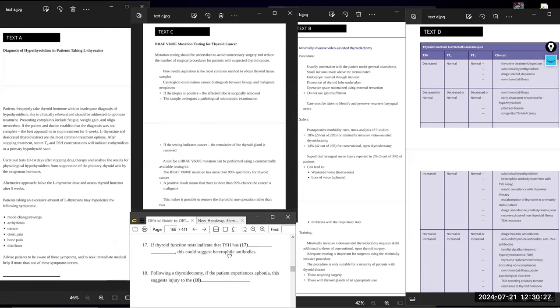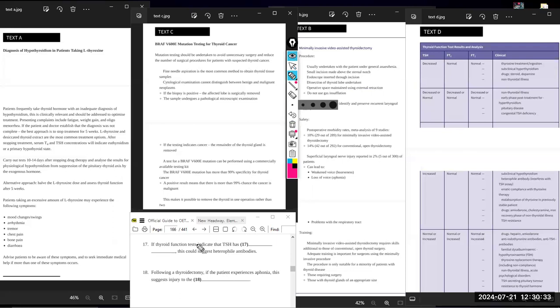Okay, now 17, the first question in completing the sentence, is saying: if thyroid function tests indicate that TSH has, this could suggest heterophile antibodies.